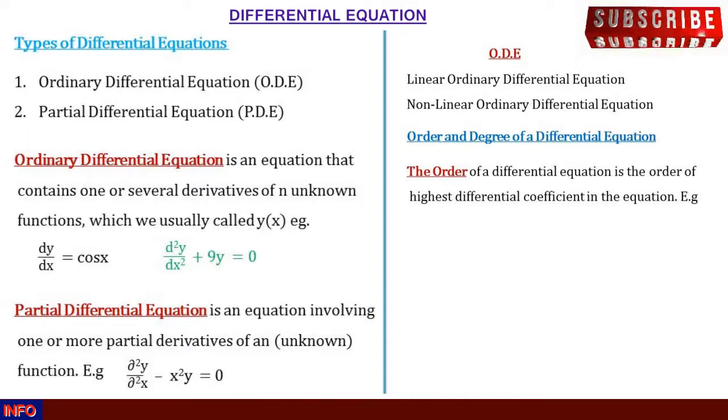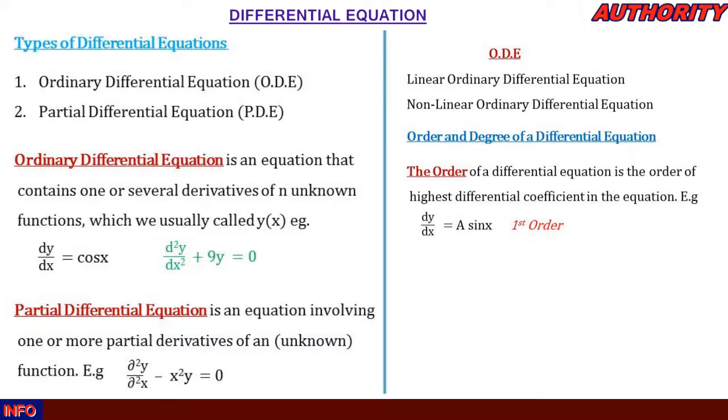For instance, when you have something like dy all over dx equal to a sine x, what is the highest derivative here? The highest derivative is 1, that is dy all over dx. So we say that the order of this differential equation is 1. Now let me show you another one.